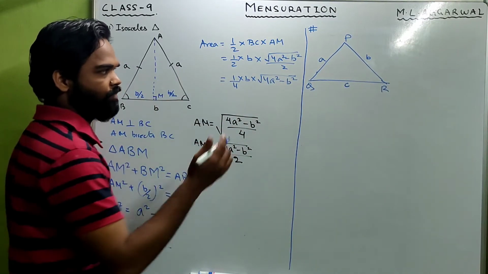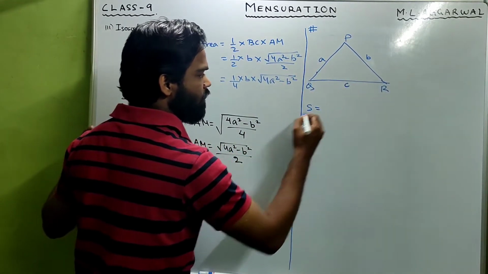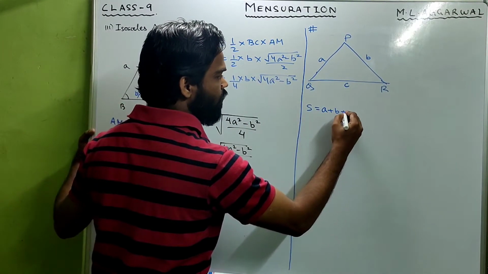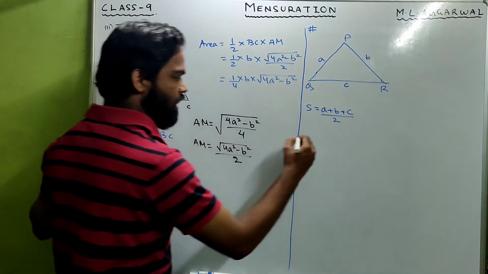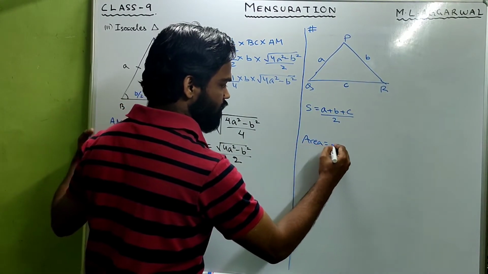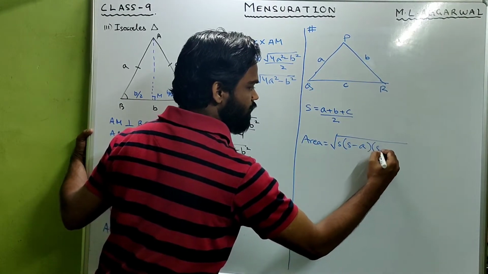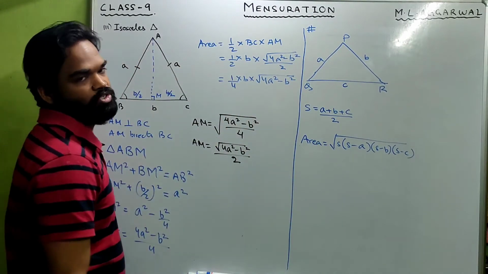So don't worry. See, for a scalene triangle, you first find s, which is the semi-perimeter. What is that? The sum of all the sides divided by 2. Then area is given by root over s, s minus a, s minus b, s minus c for a scalene triangle.